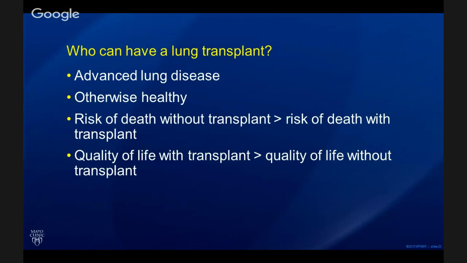So we typically see patients who have advanced lung disease that have undergone medical treatment and are progressing despite maximum medical treatment, or have progressed to the point where medical treatment leaves them with either a shortened lifespan or a poor quality of life, or both.